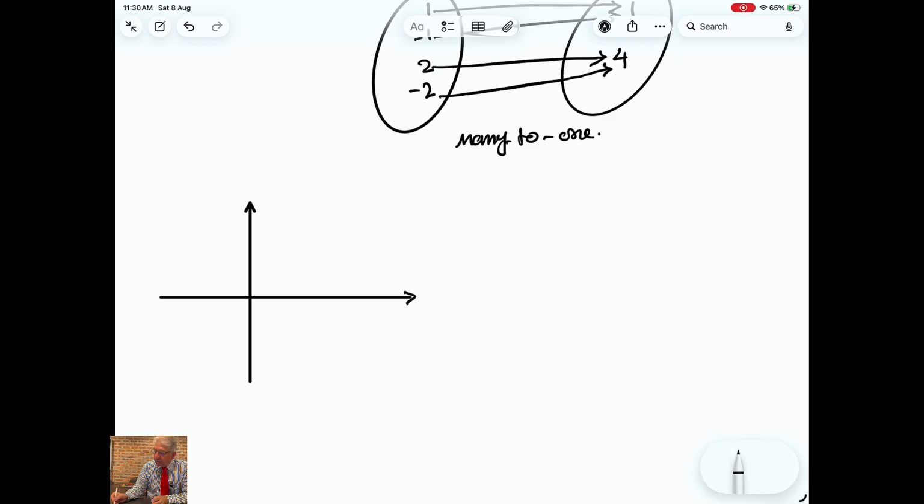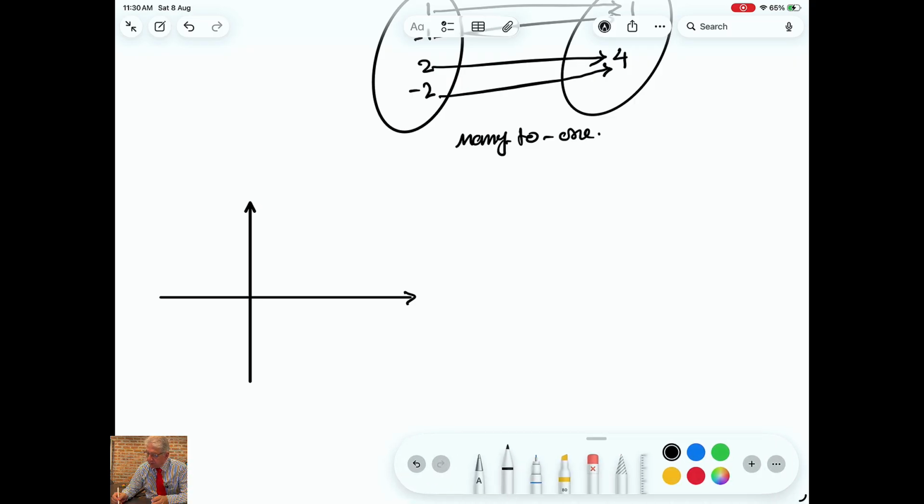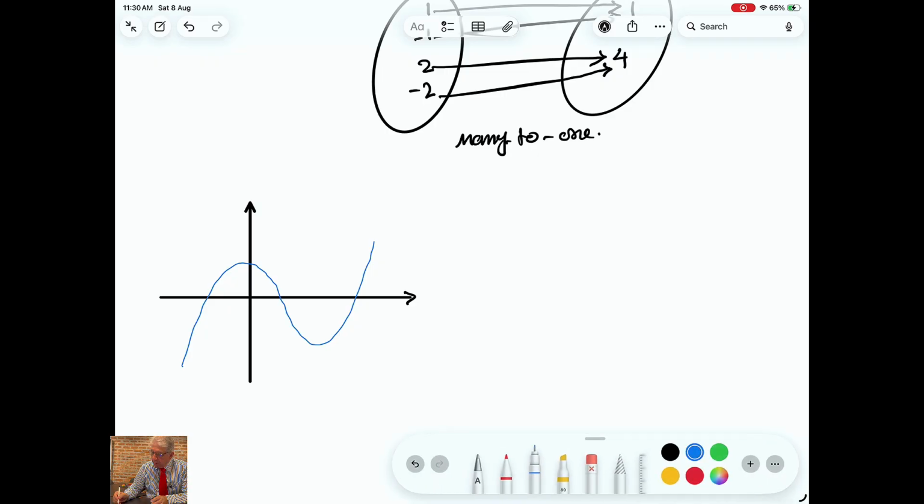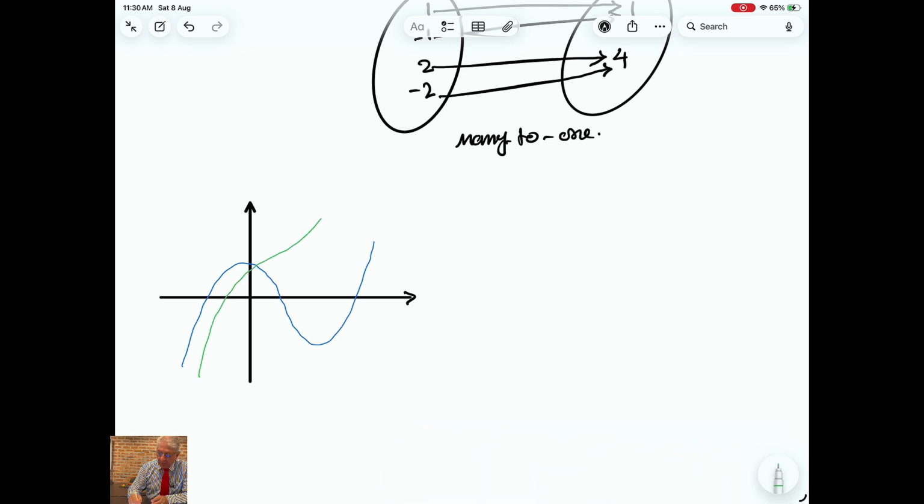Now, I will draw different graphs with different colors and tell me, is this a function or not? This is one. The green one is another.